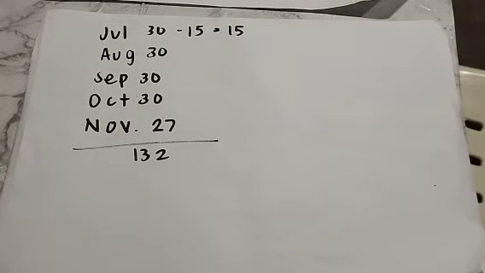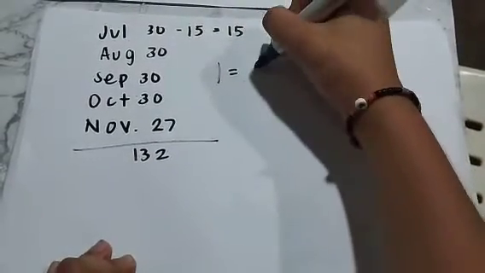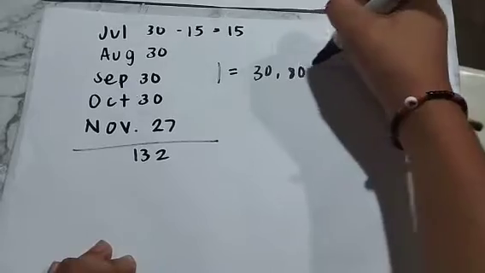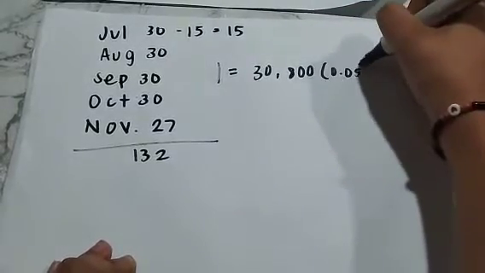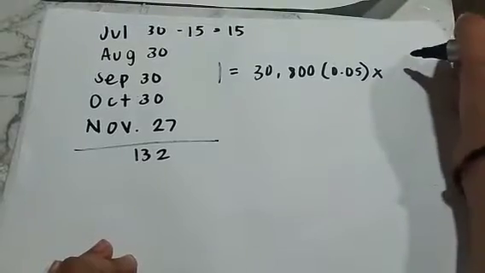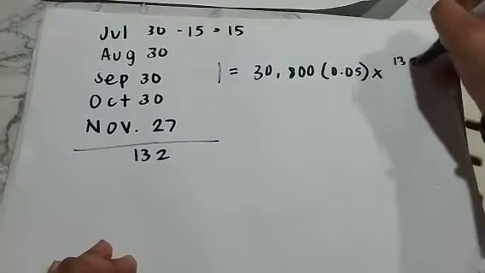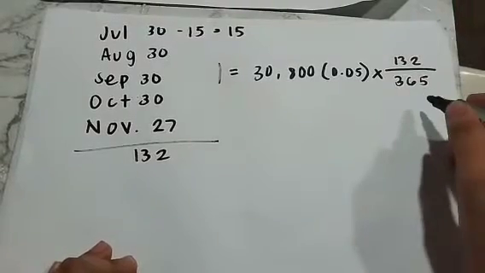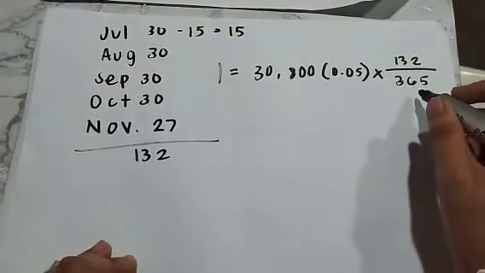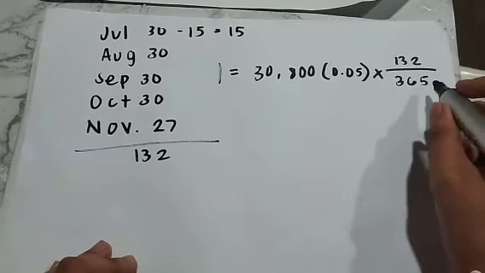Now, na nakuha na natin yung number of days, isa-substitute na natin. Okay? So, una is I. Next yung principal, which is yung 30,800 times rate, yung 0.05 times number of days, 132 over 365 pa rin since exact interest pa rin ang kinukuha natin.